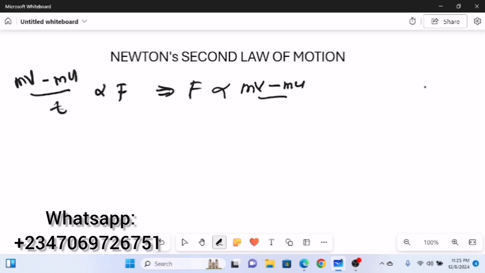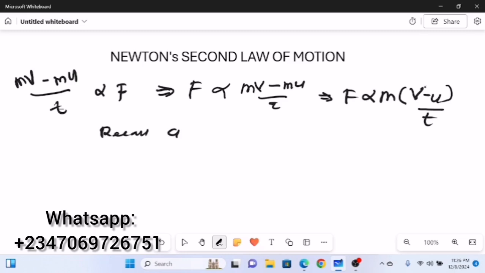Keeping in mind that v and u symbolize the final and initial velocity, if we factor out mass, this implies force is directly proportional to m into v minus u all over t. And you know that v minus u over t simply stands for acceleration.